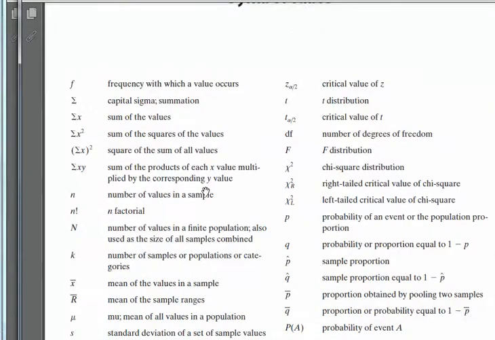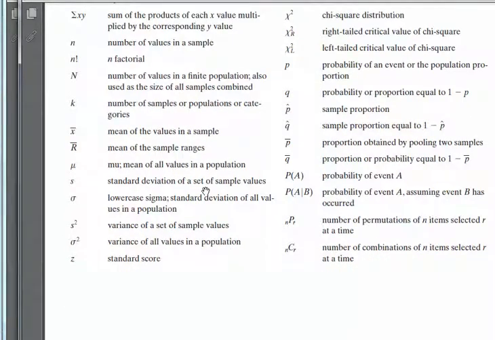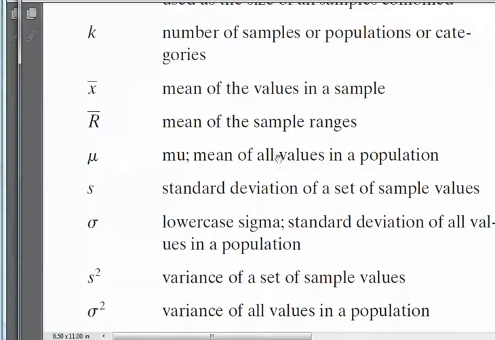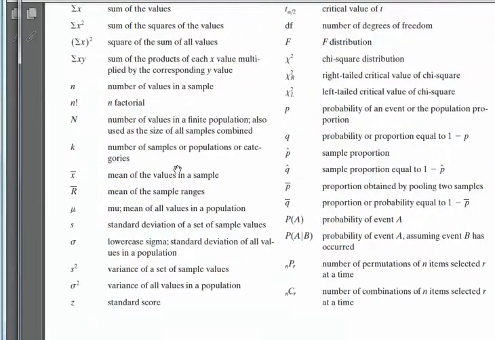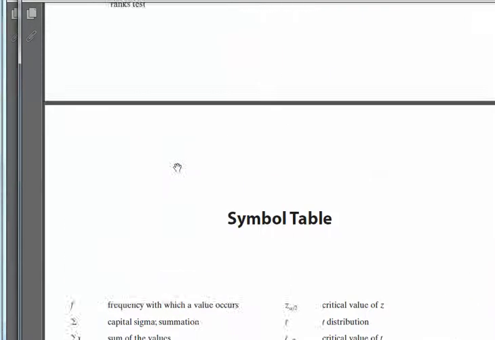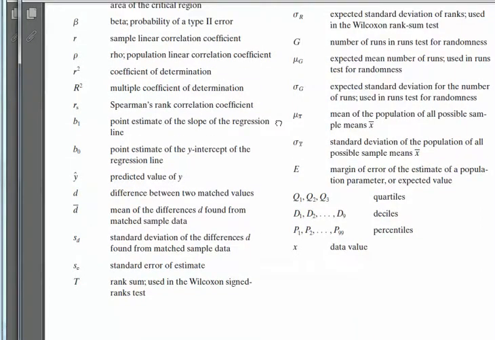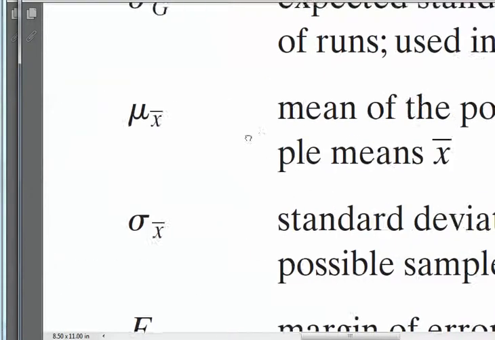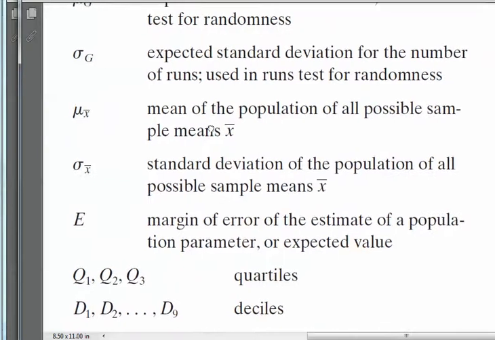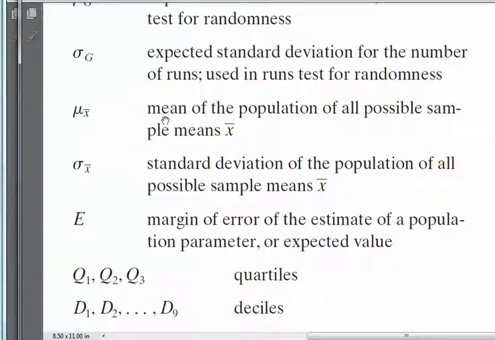And I may have already ran past it, but here it is, mu. It's the mean of all the values in a population. What we are actually looking at is mu sub x bar, meaning, and I'm going to see if they had that right here. Okay, there it is. mu sub x bar is the mean of the population of all possible sample means.